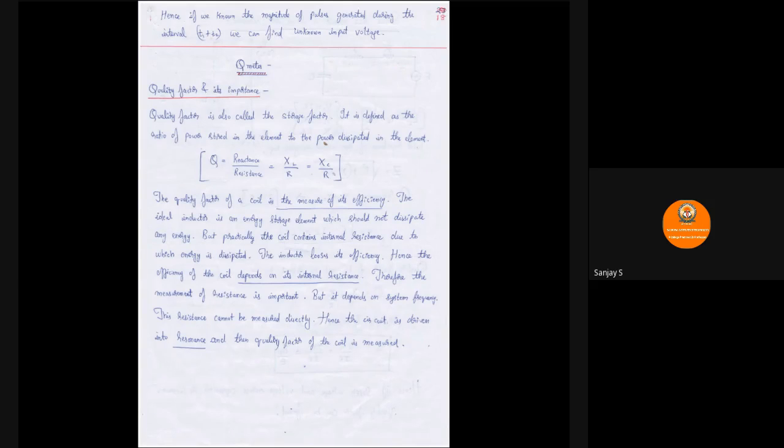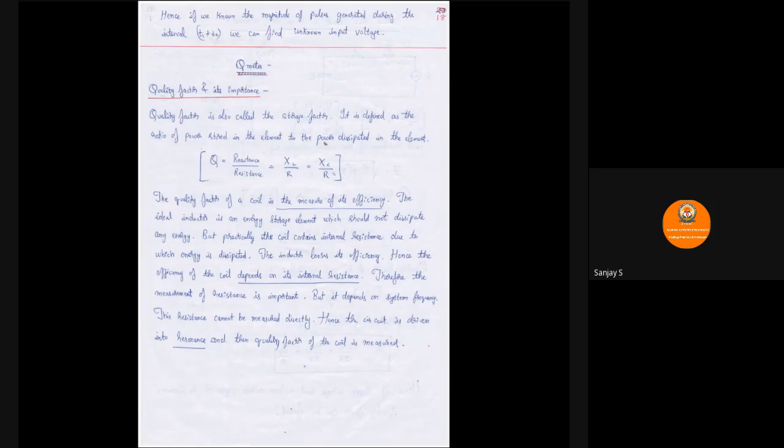They do not basically dissipate any energy ideally, but practically the inductor and capacitor also contain some small amount of internal resistance due to which they may dissipate the energy. So, quality factor basically measures the efficiency of the inductor or capacitor. The definition is reactance to resistance ratio.